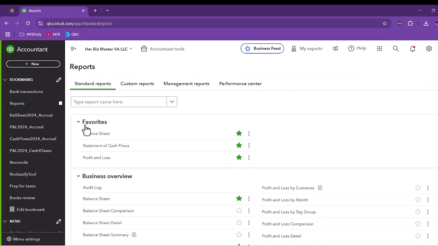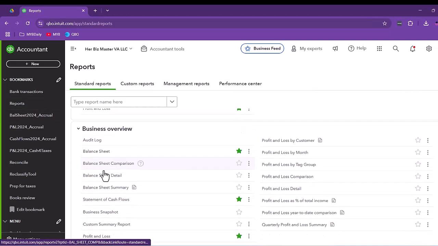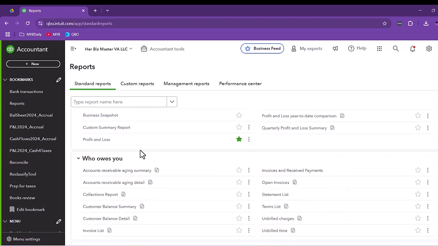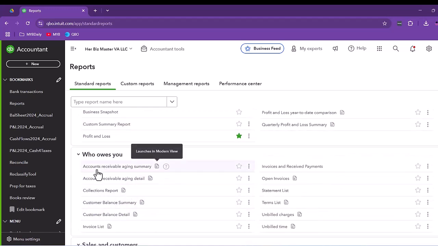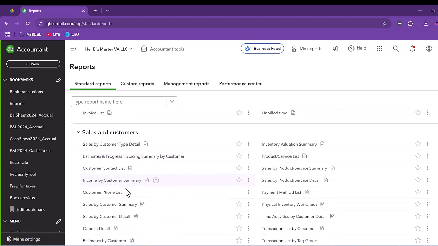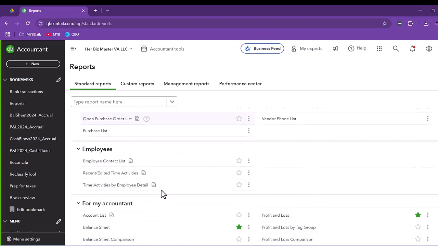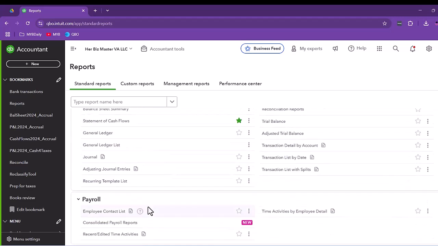Here I'm showing you QuickBooks Online, and here is where you'd have a robust list of financial statements. You'll now have access to both your profit and loss and balance sheet, which is essential to have full tax-ready books and full financial visibility of your business. You'll also be able to build out a statement of cash flow and have additional areas of your business that you can go deeper into, like your customers and accounts receivable, accounts payable and your vendors area, and additional reports you can build out.